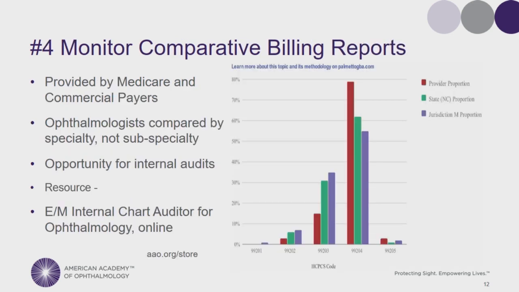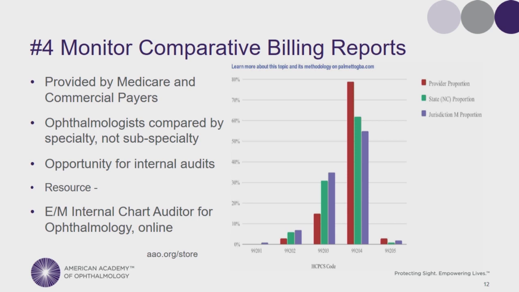My number 4 action item for you today is to monitor your comparative billing report. Comparative billing reports can be provided to you by Medicare, and now we're starting to see a lot of commercial payers send comparative billing reports to providers. It's a report of the types of procedures that you use, and they're comparing you to your peers.